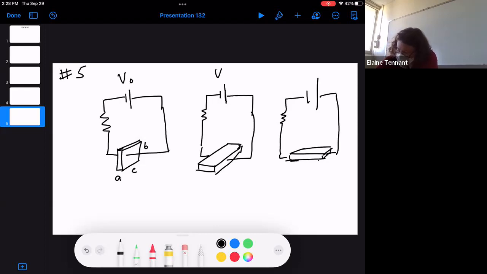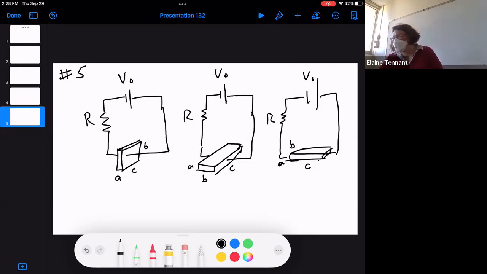For all of these, we have the same battery, this extra resistor, the same resistor. I think they just added that because they wanted to make sure that you're not short-circuiting anything. And this is the same object. We're just rotating it into different orientations. Does that make sense? Did I draw that clearly enough?